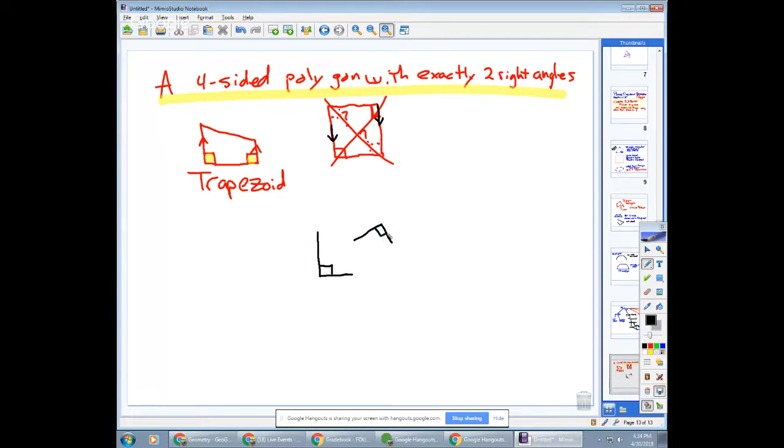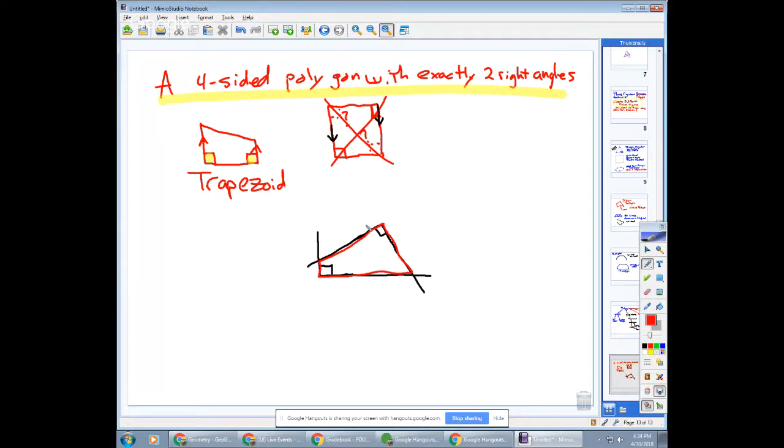What if I made that my right angle, and then I extend this side, and I extend this side, and I extend this side? Does that leave me with a 1, 2, 3, 4-sided figure with exactly 2 right angles?